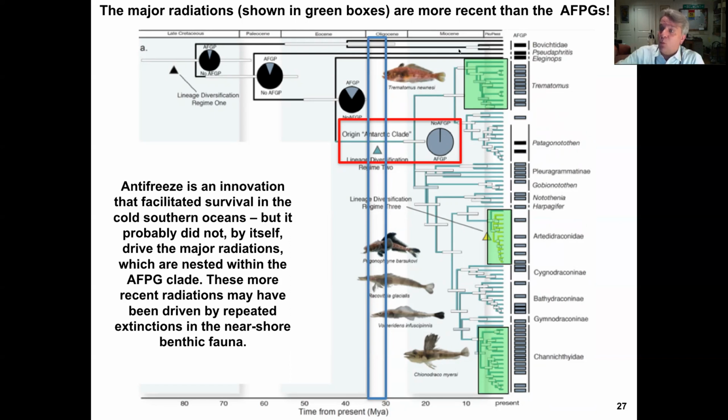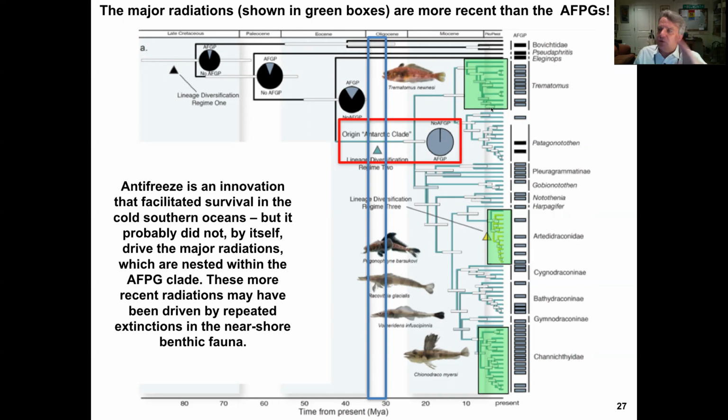And indeed, what we find is that about 10 to 15 million years after the origin of the antifreeze glycoprotein, we find Antarctic notothenoid lineages that exhibit high rates of speciation, high diversification rates.